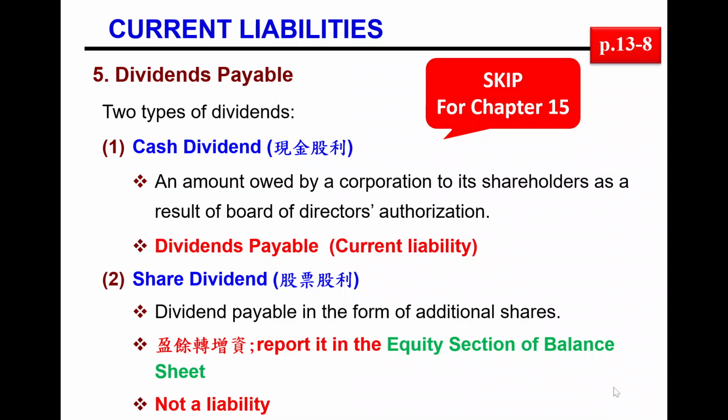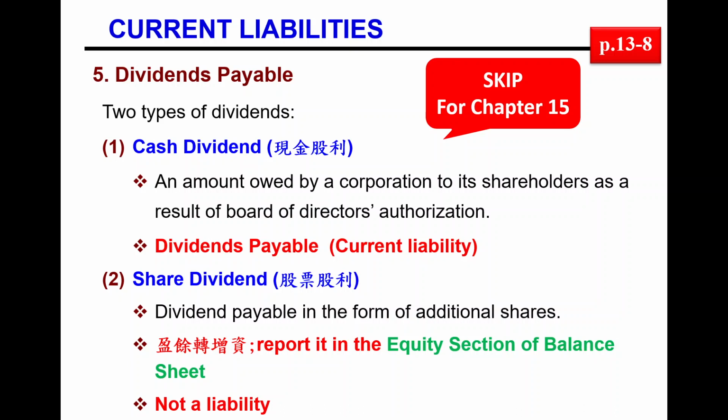Dividends payable. This is the fifth current liability we have. I don't want to go into the detail because, first, we mentioned that in your first year, and second, the items will be repeated again in chapter 15.